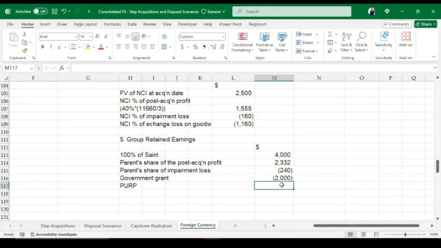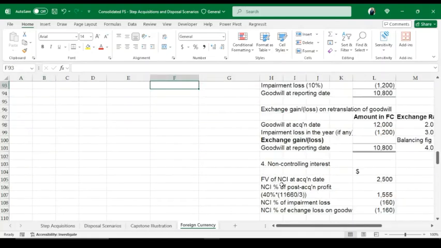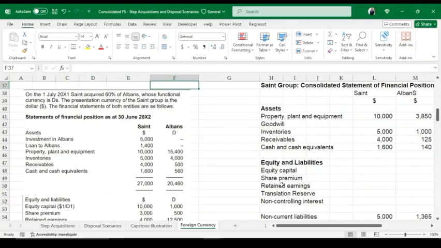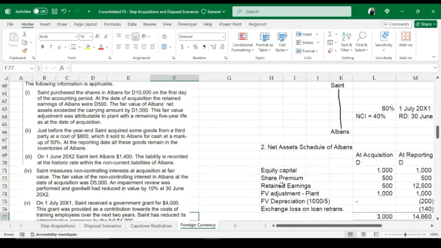Then we have the provision for unrealized profits. Let's go to the notes and see what items have been sold and what is the unrealized profits in the items. So in note 2, just before the year end, Saint acquired some goods from a third party at a cost of 800, which it sold to Albans. So Saint sold goods to Albans for cash at a markup of 50%.